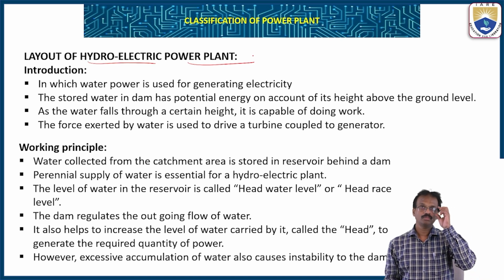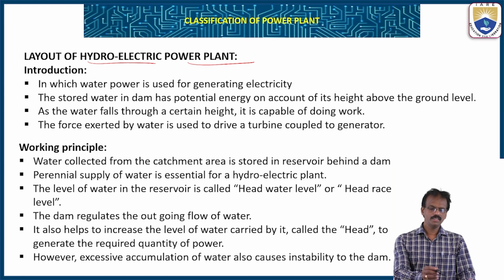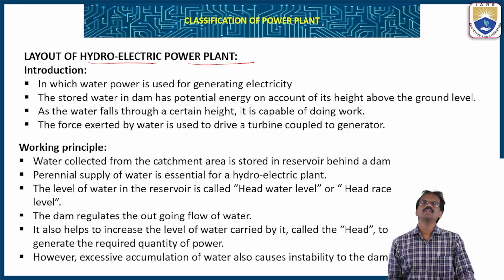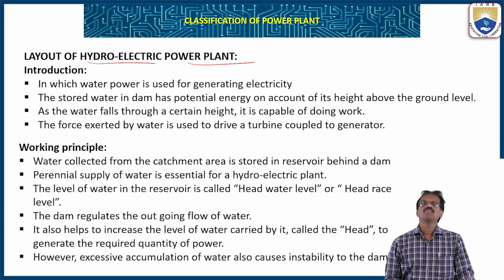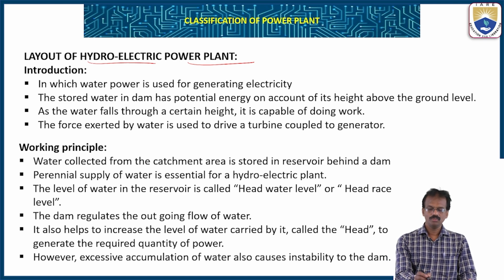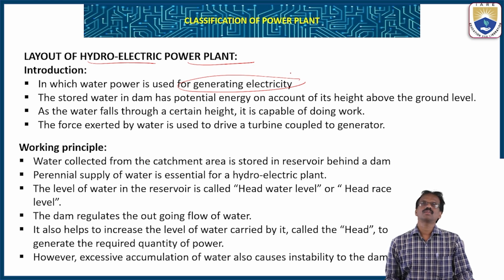We know that in a hydroelectric power plant, there is conversion of hydro energy into electrical energy. So you know this one. In it, water power is used for generating the electricity. Especially, it is the potential energy of the water that is converted into electrical energy.